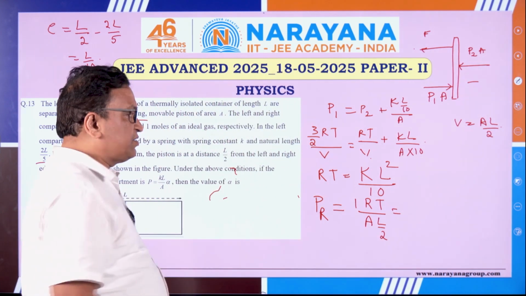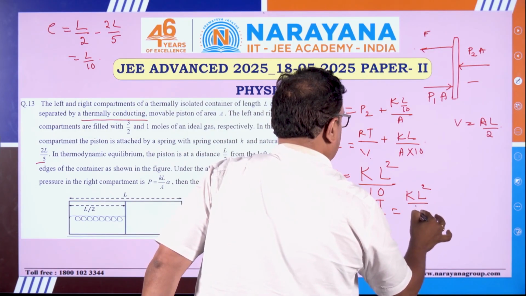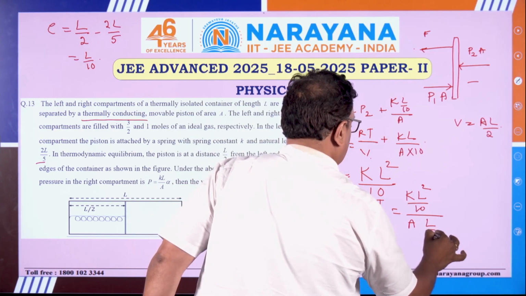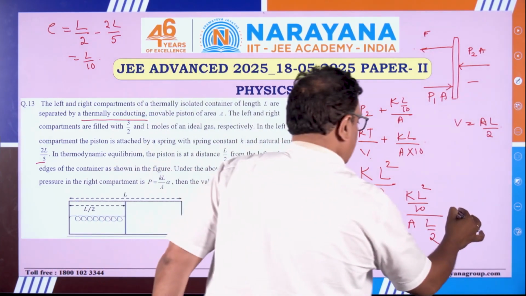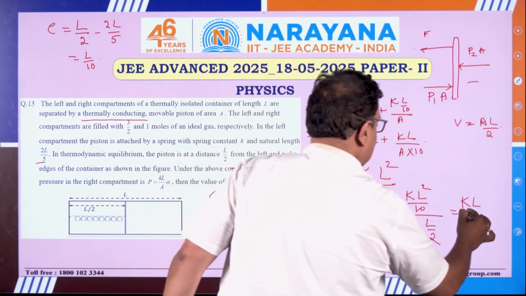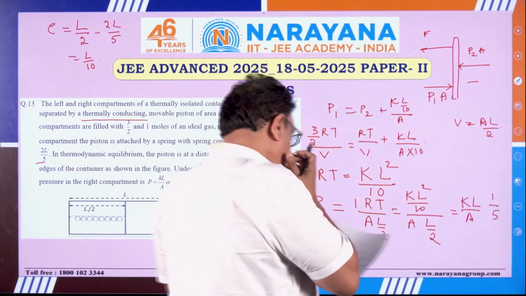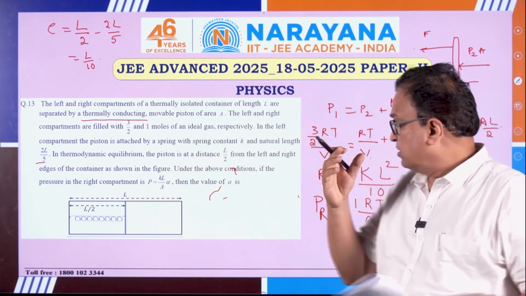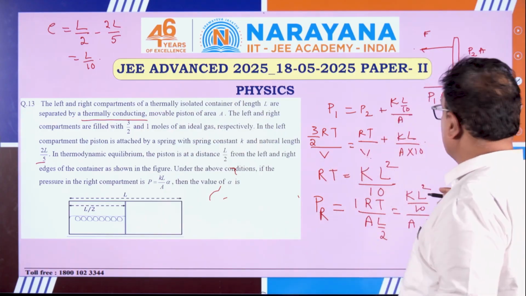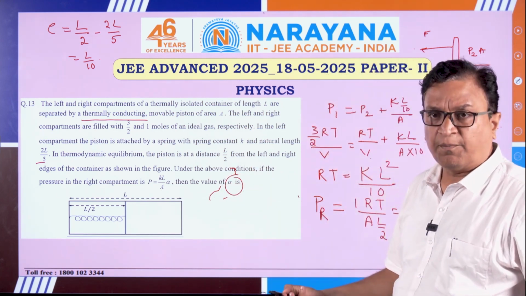Just now I have derived RT, which is KL square by 10, divided by A into L/2. So finally this can be written as K into L by A times 1/5. In the place of alpha you have 1/5. So the value of alpha is 1/5.